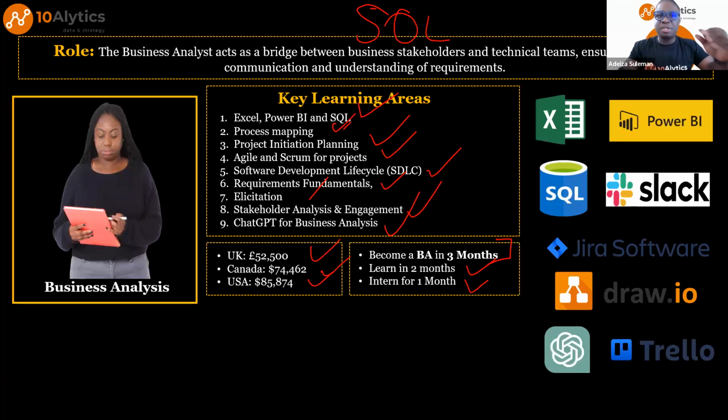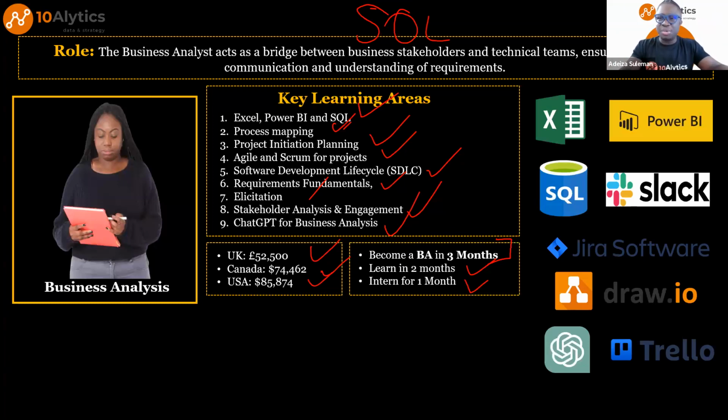So the 1 month internship is where you as the business analyst would project manage a key project which involves other professionals, from data analytics to data engineering to data science and so on and so forth. You'd work on a project yourself, and then you would manage another project utilizing all the tools you've learned, from Jira to gathering the requirements, to Trello, Confluence for collaboration, and so on and so forth.